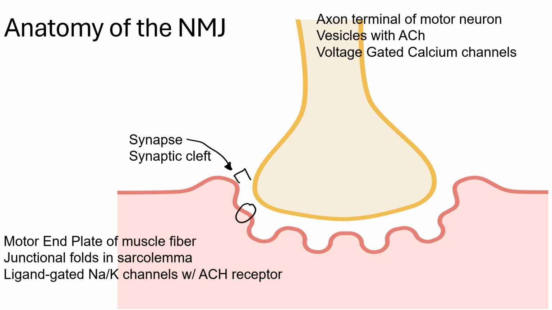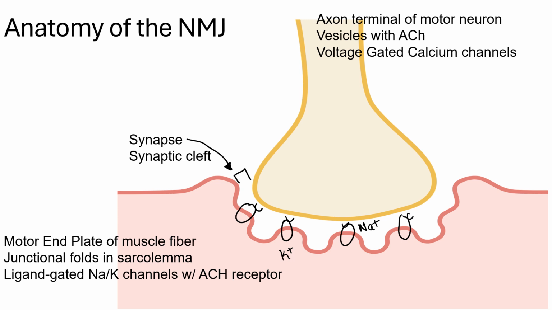Shoved into the sarcolemma in all of these places are little protein receptors that are also channels. So these are ligand gated, meaning that they have a lock that a key has to be inserted into. And these are also sodium and potassium channels.